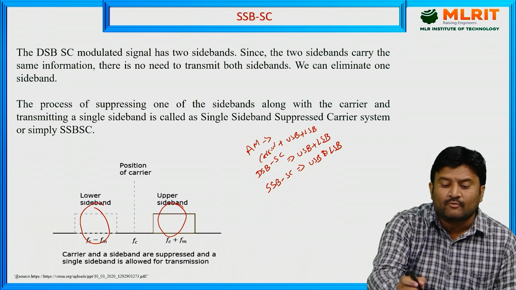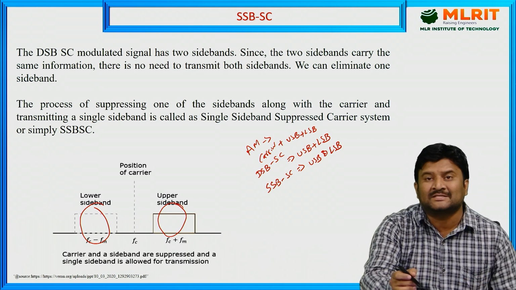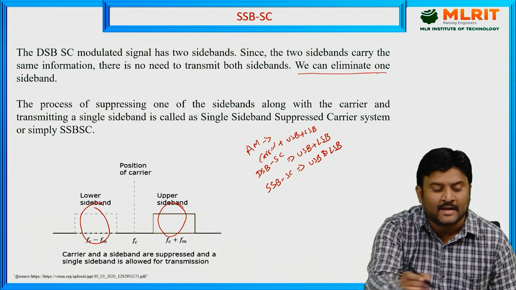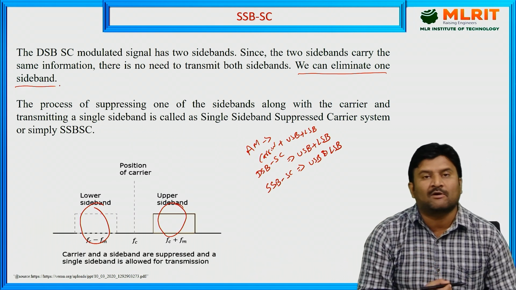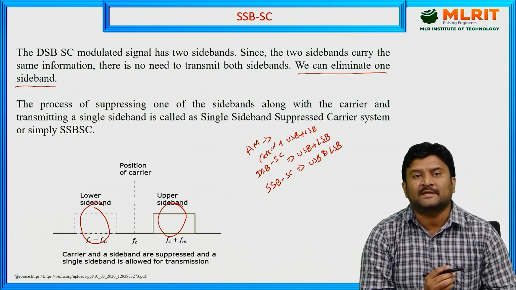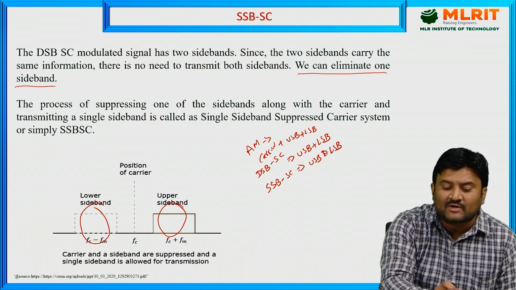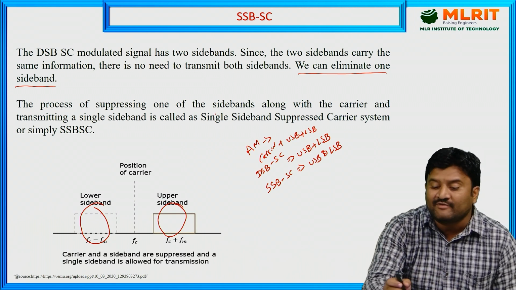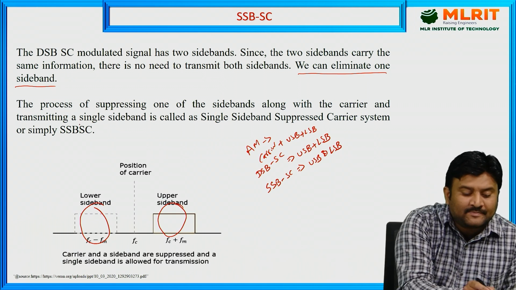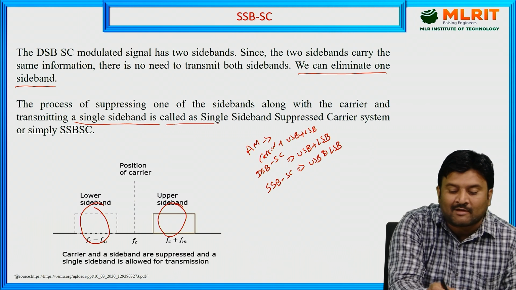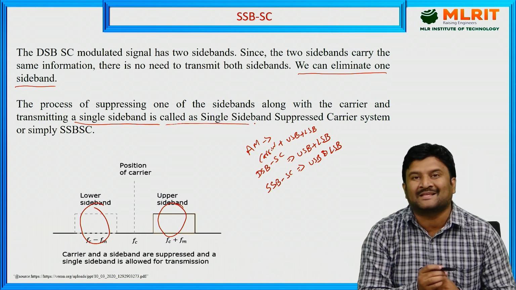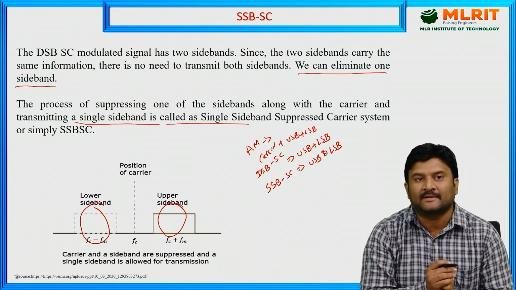That's why we go to SSB-SC. We can eliminate one sideband. The process of suppressing one of the sidebands along with the carrier and transmitting a single sideband is called single sideband suppressed carrier.